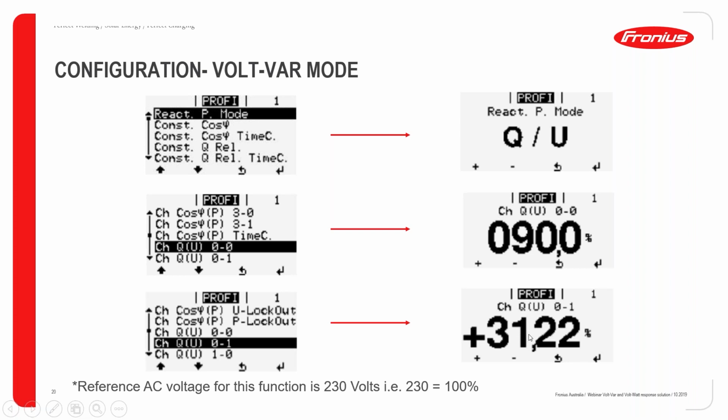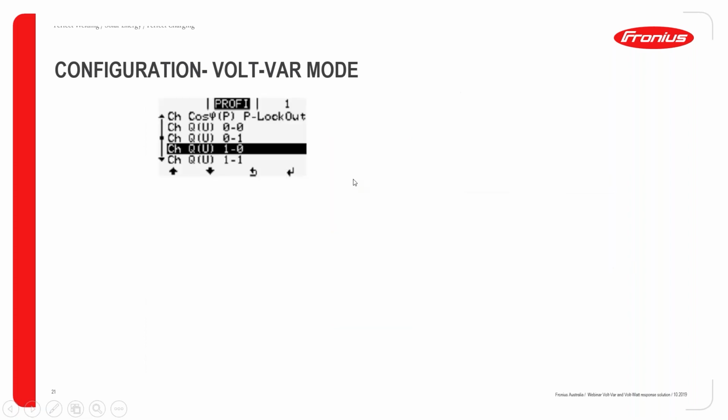In this case, it is plus 31.22%, which means when the voltage at the inverter terminal is 207 volts, the reactive power value will be positive 31.22%. So those values are the ones we calculated before in the Excel sheet. So we'll just keep going to the next one.